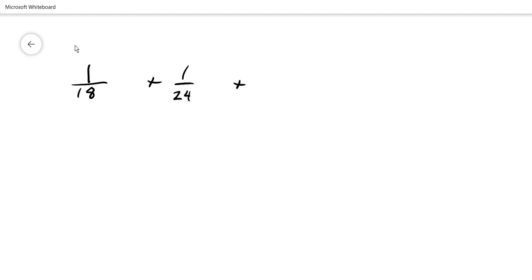Now, before you can add or subtract fractions, you've got to have the same thing on the bottom. You've got to have a common denominator. These are 3 different denominators. I have an 18, a 24, and a 36. Now, I could use my super brain and just come up with a number that can be divided evenly by 18, 24, and 36 and change all of those into that number.